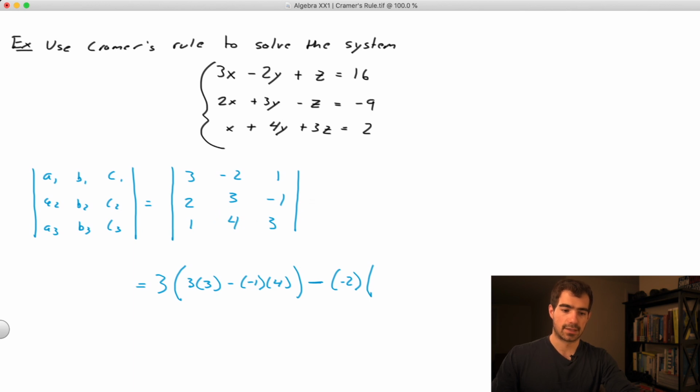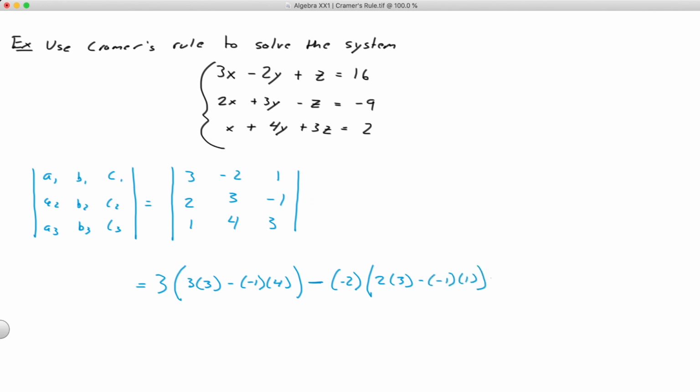In other words, the product of this diagonal, 2 times 3, minus the product of this diagonal, negative 1 times 1, and then plus our third value here, 1, times the determinant of this matrix here. In other words, the product of 2 times 4 minus the product of this diagonal, 3 times 1.